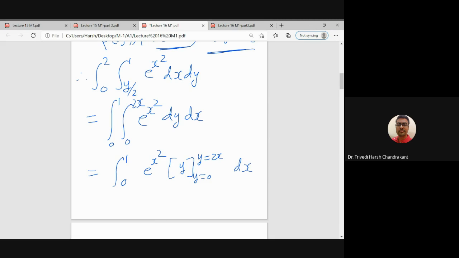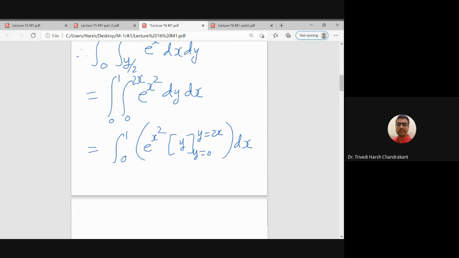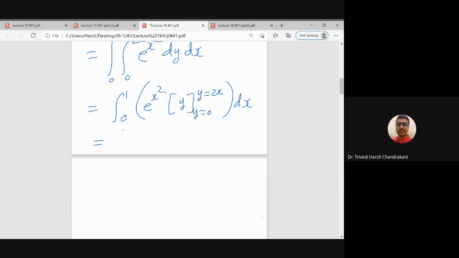Whatever term we get, we will integrate with respect to dx. Simplifying this, it will become 2x minus 0, which is 2x times e power x square.